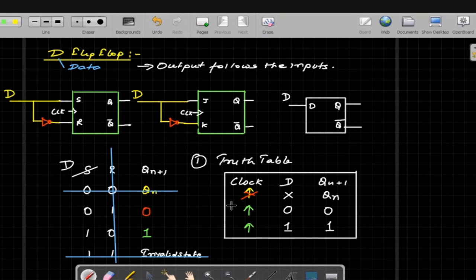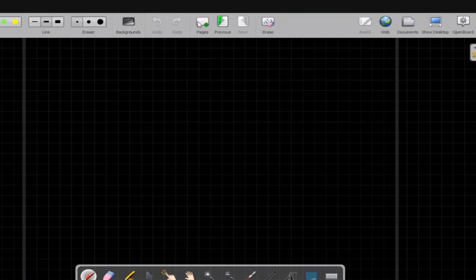All right. So now we have the truth table. Then we are going to construct the characteristic table, the second important table. And of course the characteristic table is not actually a new kind of table.